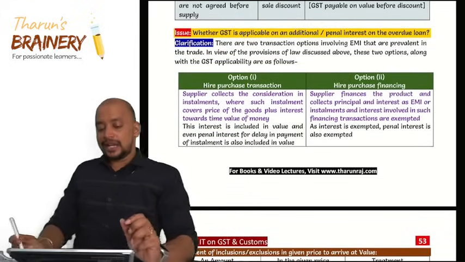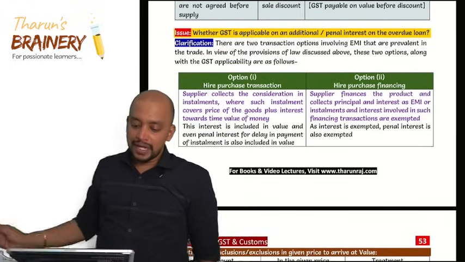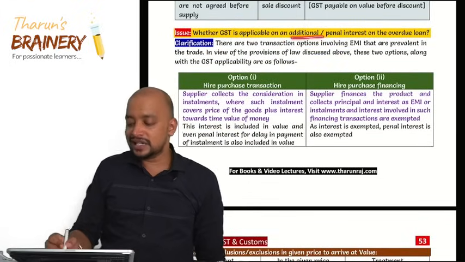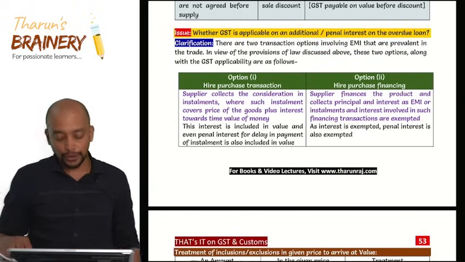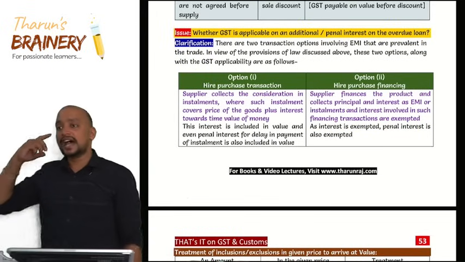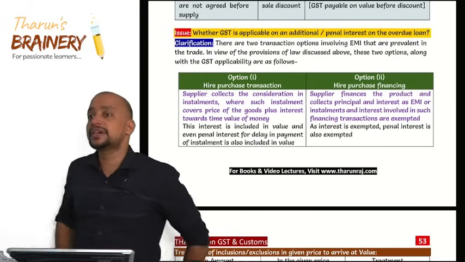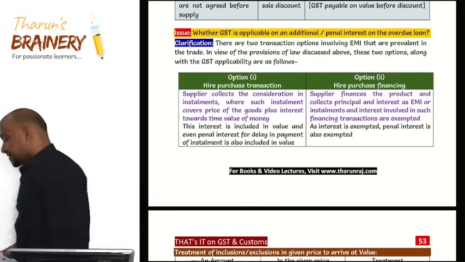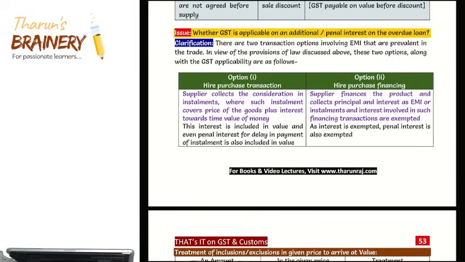Then next we have one issue related to whether GST is applicable on additional or penal interest on the overdue loan. Generally there are two transactions here, hire purchase transaction and hire purchase financing. What is a hire purchase transaction versus hire purchase financing? In a hire purchase transaction, there will be only two parties, hire vendor and hire purchaser. I will give you the asset and you will pay me the installments.